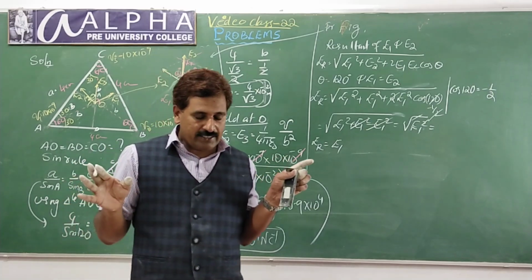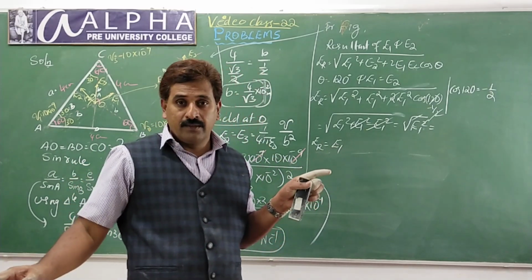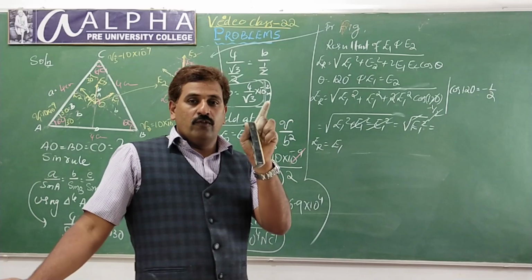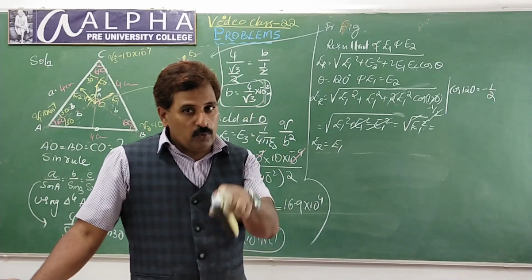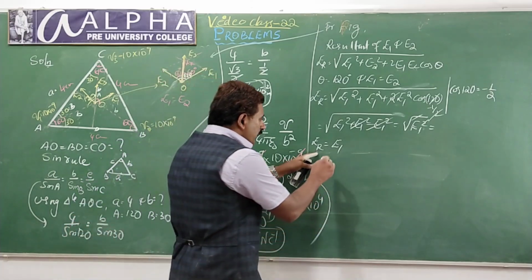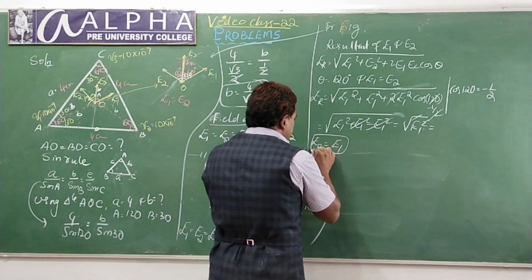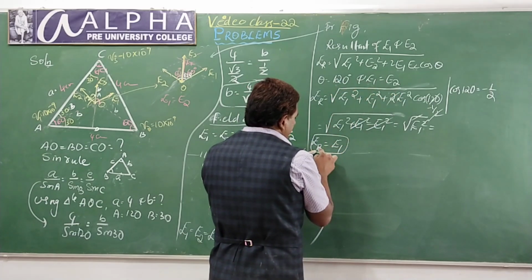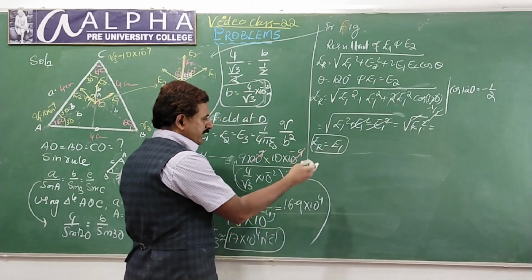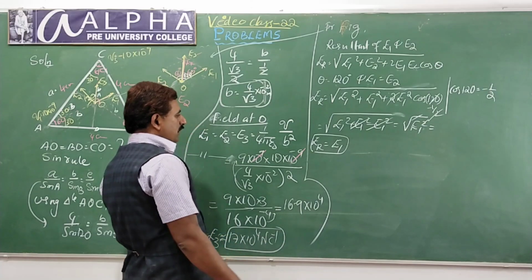Students, remember this once again. If the values of the two vectors are the same and the angle is 120, then the resultant will be equal to one of the individual forces, E1 or E2. See, values same, angle 120, resultant equals the first or second value. So what is the conclusion?